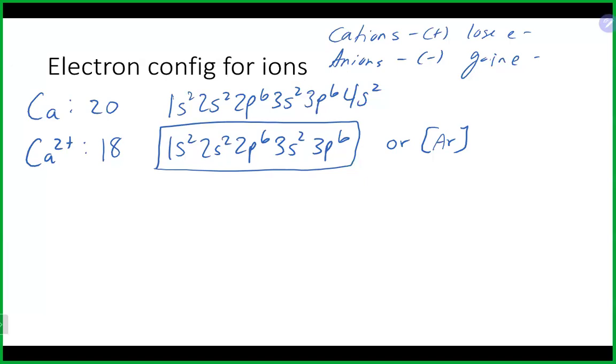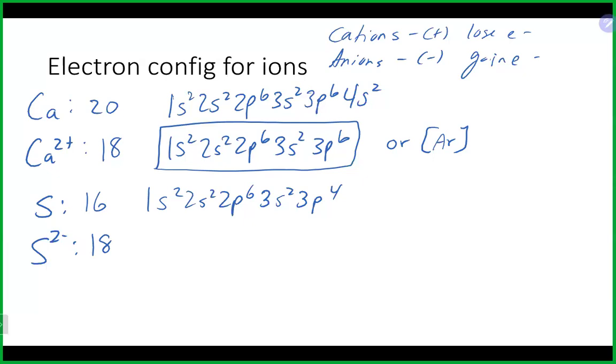If we take a look at sulfur, which we did a second ago, and sulfur being 16, its configuration is 1s2, 2s2, 2p6, 3s2, 3p4. Sulfur, which is group number 6 on the periodic table, will form a -2 charge and will actually gain 2 electrons and end up at 18 electrons.